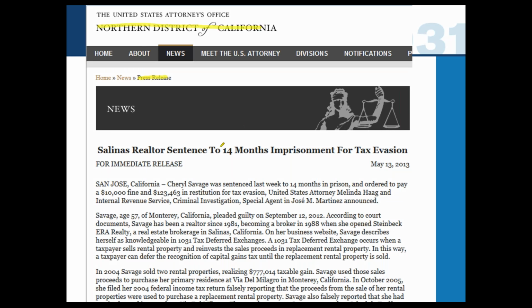And they actually detail a case here that was brought against Cheryl Savage, a realtor from Salinas, California, who did a 1031 exchange, went out and bought replacement property, but unfortunately immediately moved into that property. And then she tried to cover it up that she was living there by fraudulently reporting fake rental income on her tax returns.